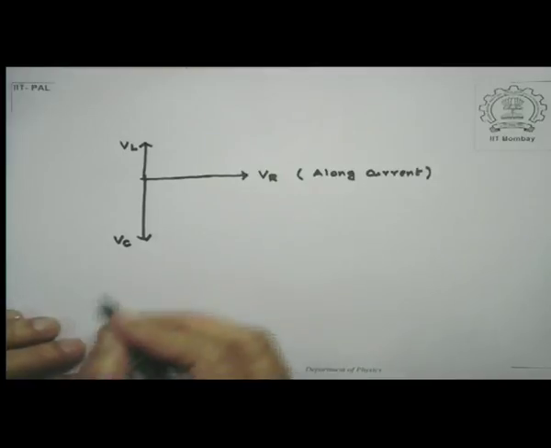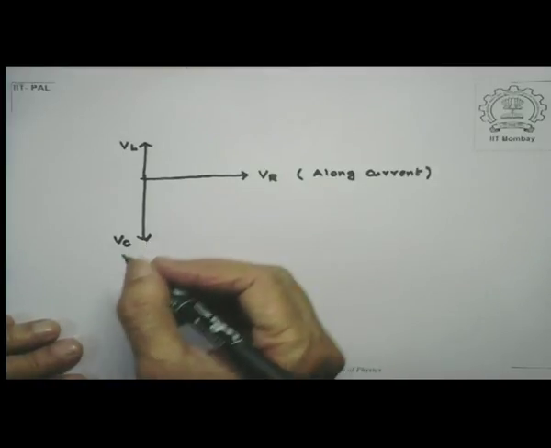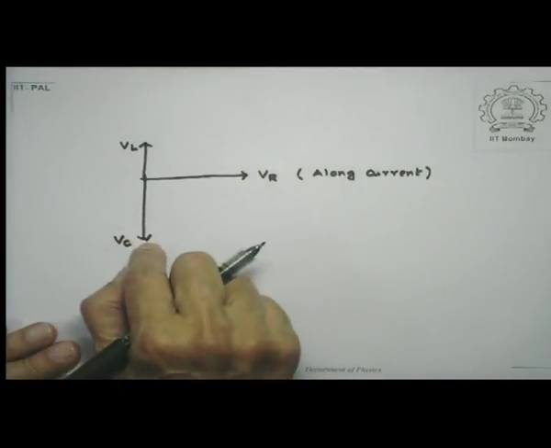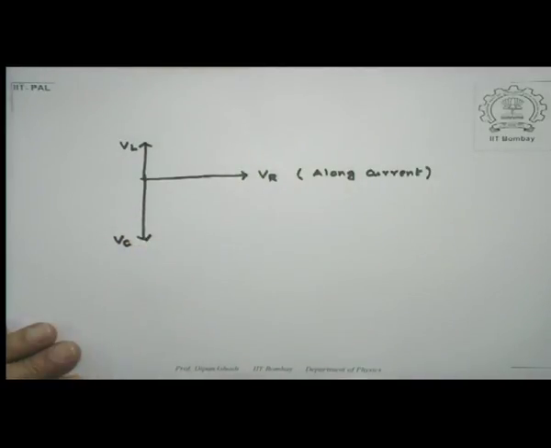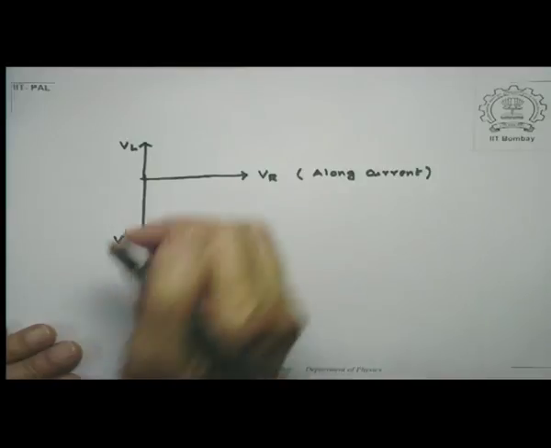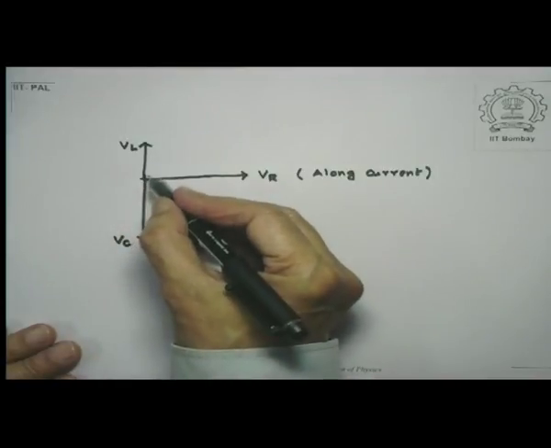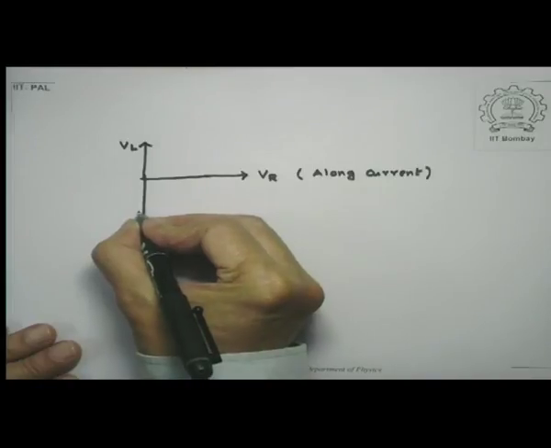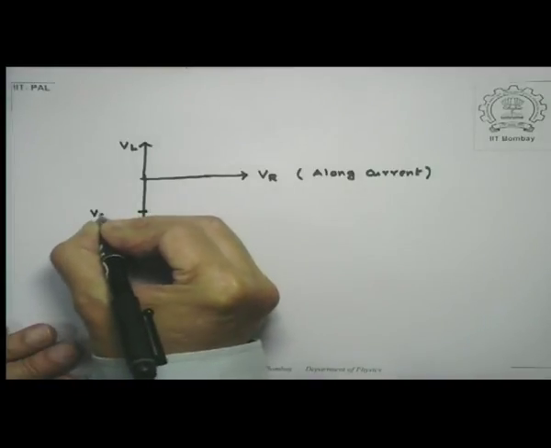Now, therefore the net voltage due to the inductor and the capacitor, because they are aligned oppositely, would be obtained if I subtract VL from Vc. So this would come, let's say, here. So this is Vc minus VL.